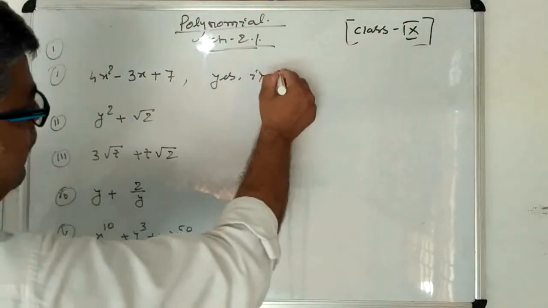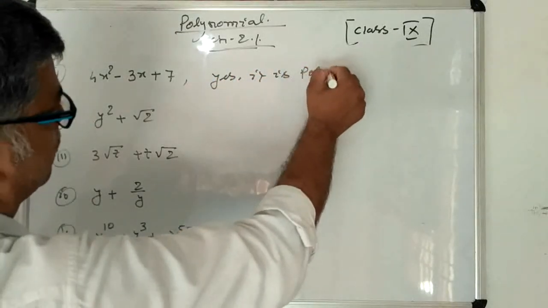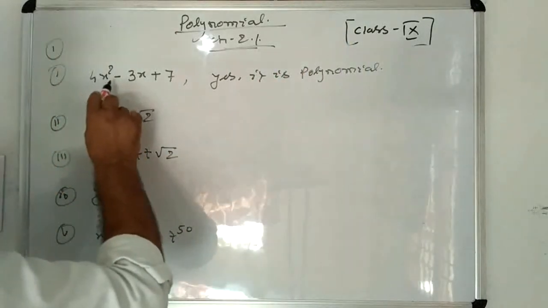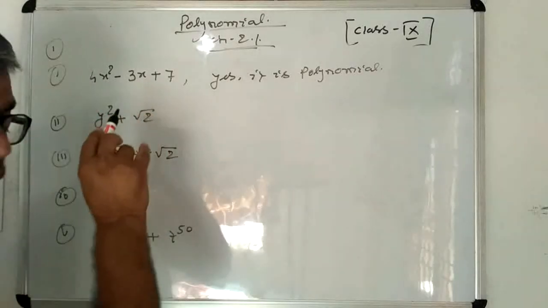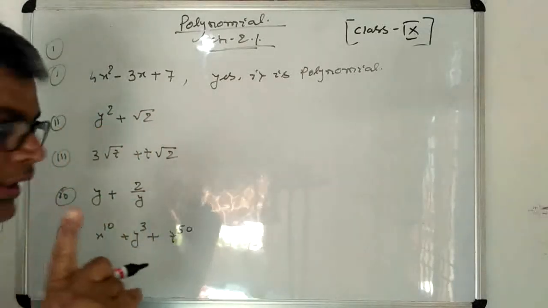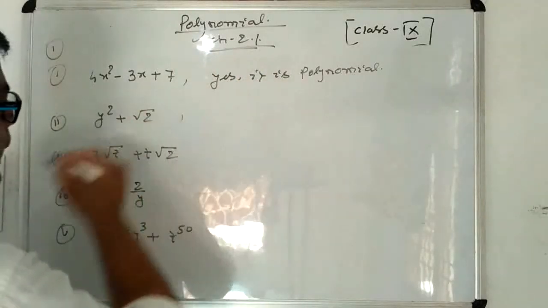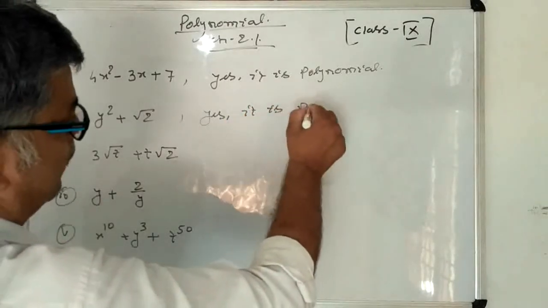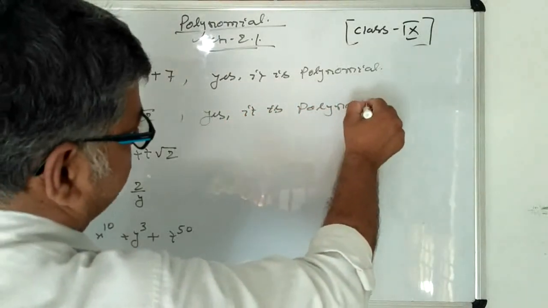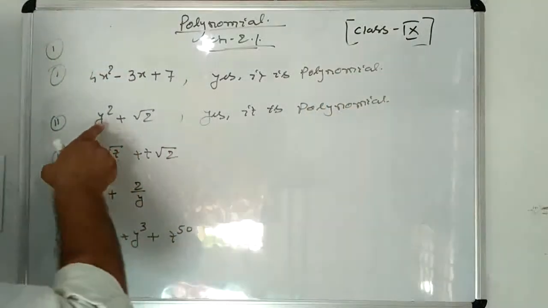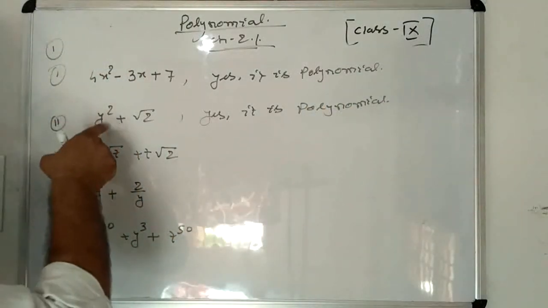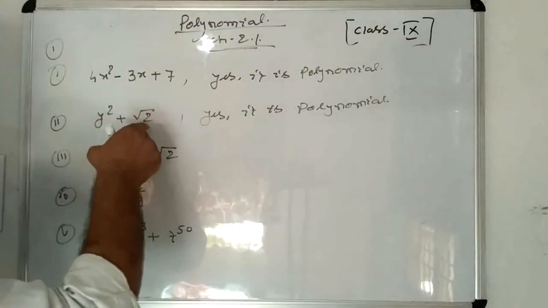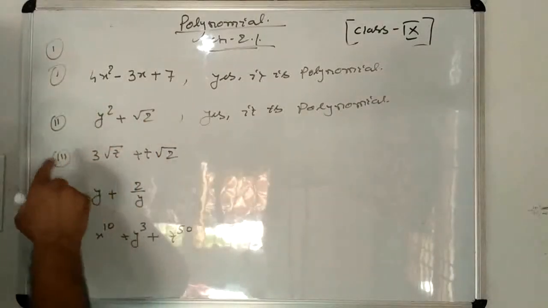Yes, it is a polynomial, because the powers of the variable are non-negative integers only. In the second case also, yes, it is a polynomial, because the power of the variable is also a non-negative integer only. This is a root on the constant, not on the variable.